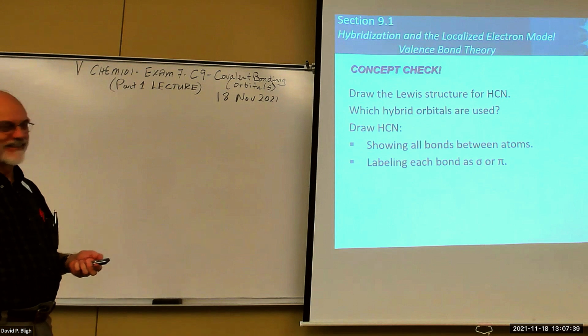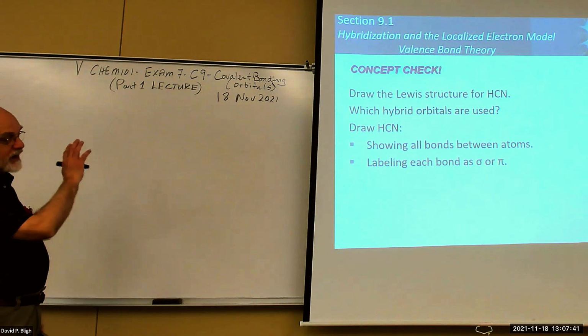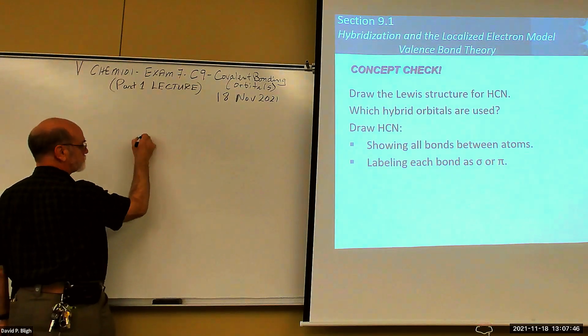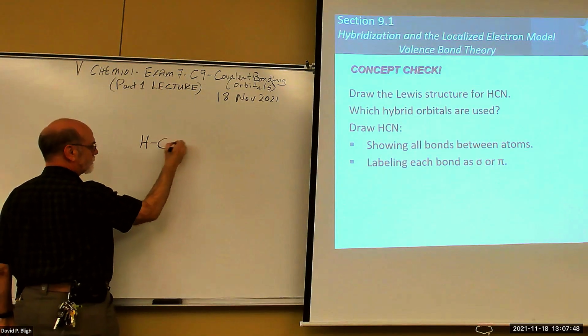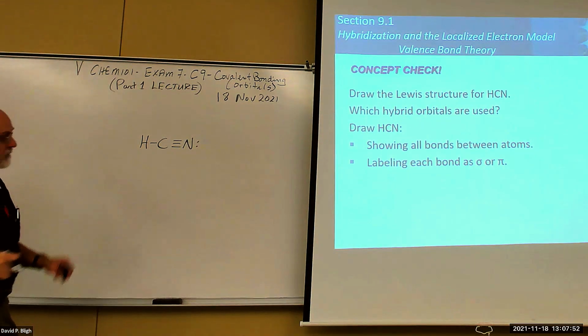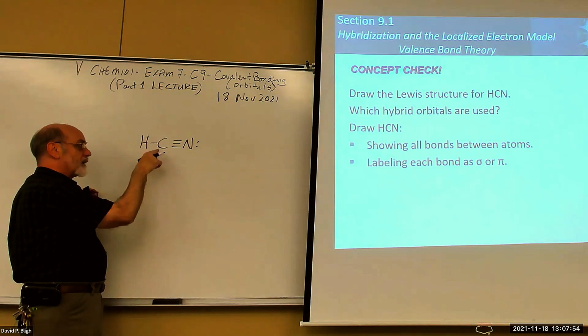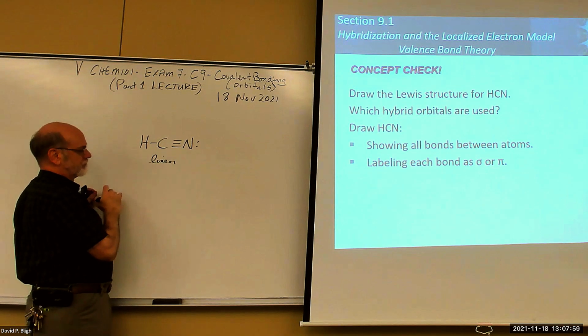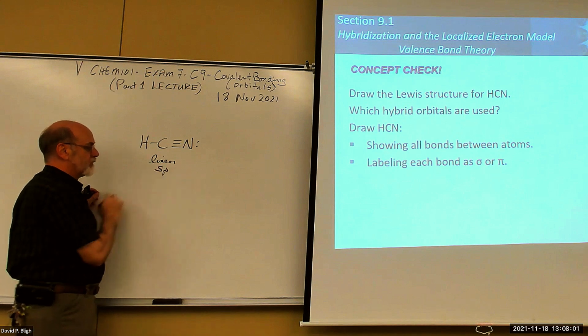That's the ticket. Okay, so hydrogen cyanide, we've done this one before, the Lewis dot structure. Like that. Which means around this central atom you've got two groups, which is linear, right? So it has to be sp hybridized.